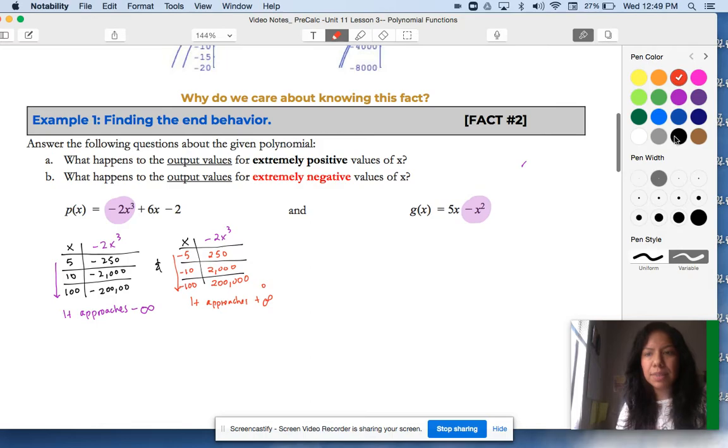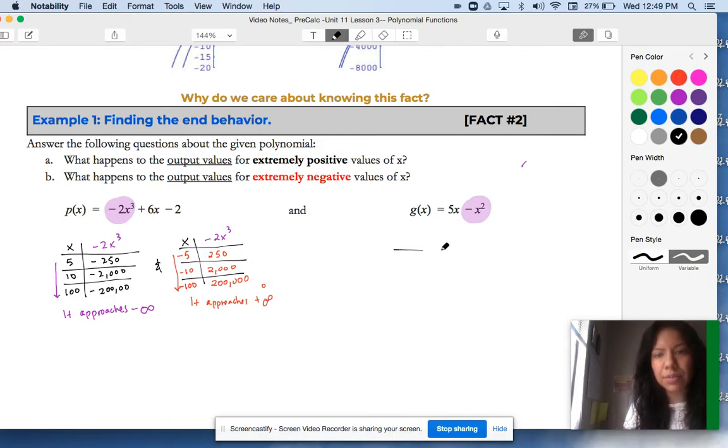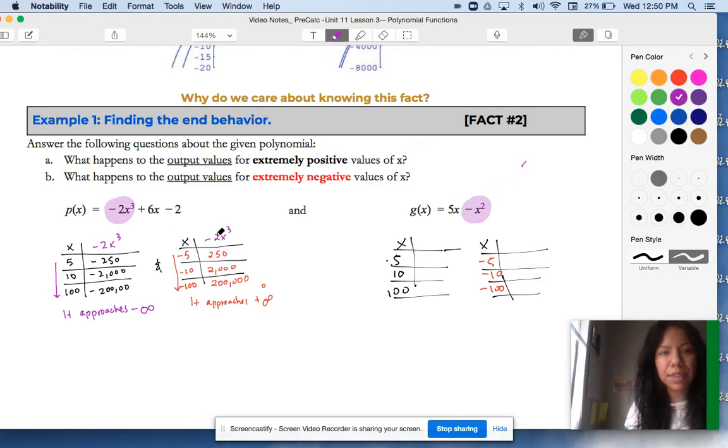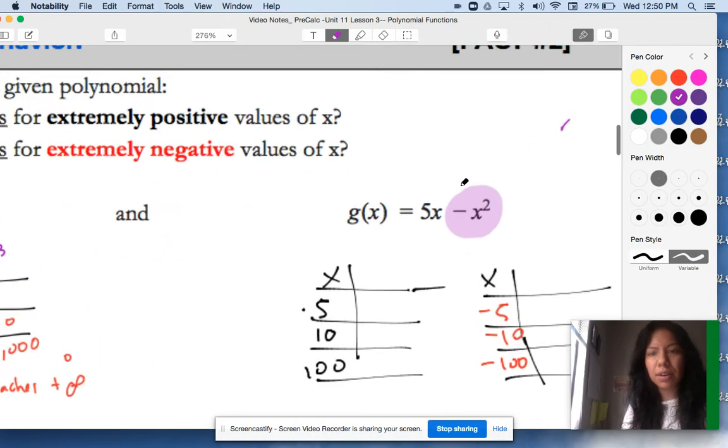Now we would do the same thing over here, and we'll have our two different input-output t-charts. For consistency purposes, we can use the same inputs: -5, -10, -100, and then 5, 10, and 100. But this time, instead of -2x to the third, the term with the highest power is -x squared.